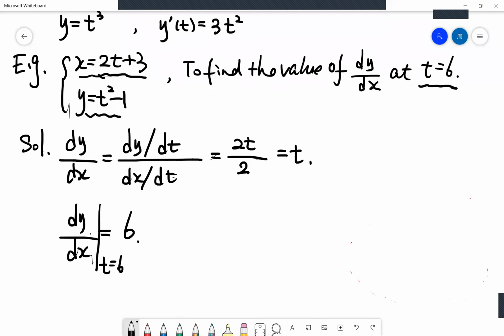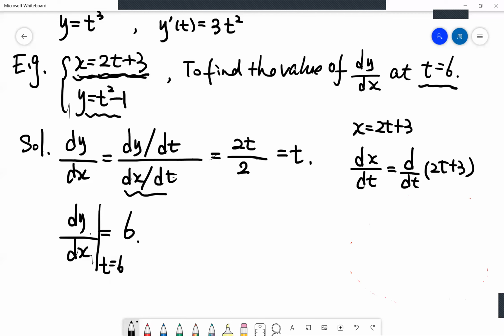Yes, Lashi. How did we get the 2 here? Because x equals 2t plus 3, right? So here we want to have dx by dt. That means d of 2t plus 3.